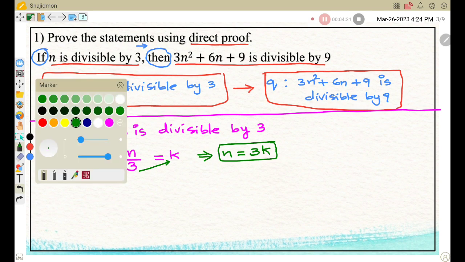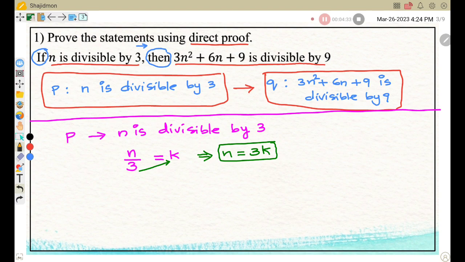Now what do we need to prove? We need to prove that 3n square plus 6n plus 9 is divisible by 9, correct? So we start with 3n square plus 6n plus 9. This should be divisible by 9. That is what we need to prove here in step 2.